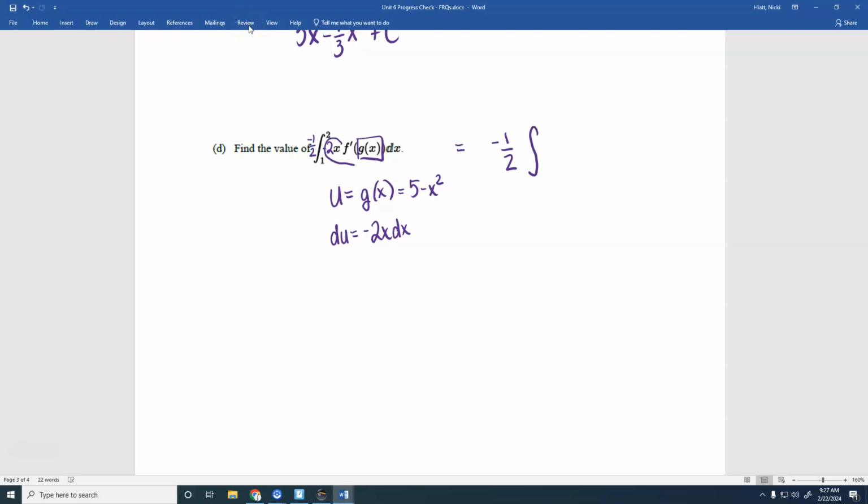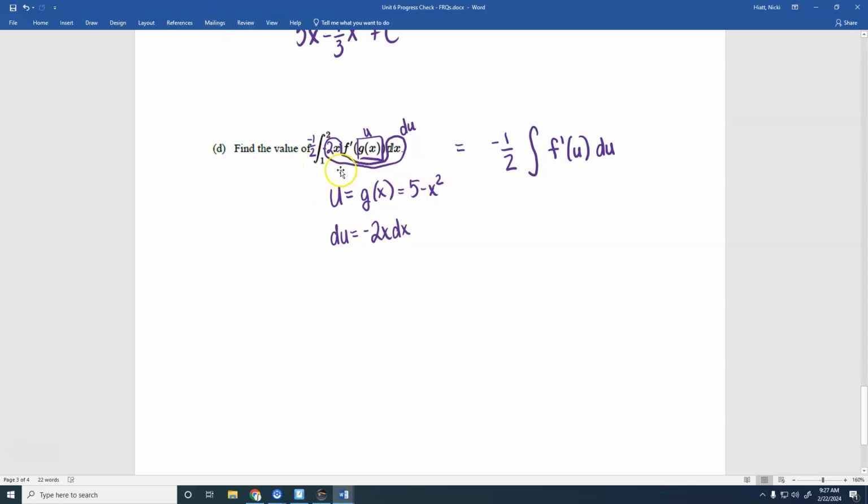This stuff right here, the negative 2x with the dx, that's our du. This part right here is our u. So we just have f prime of u du. What do we need to do with our limits?